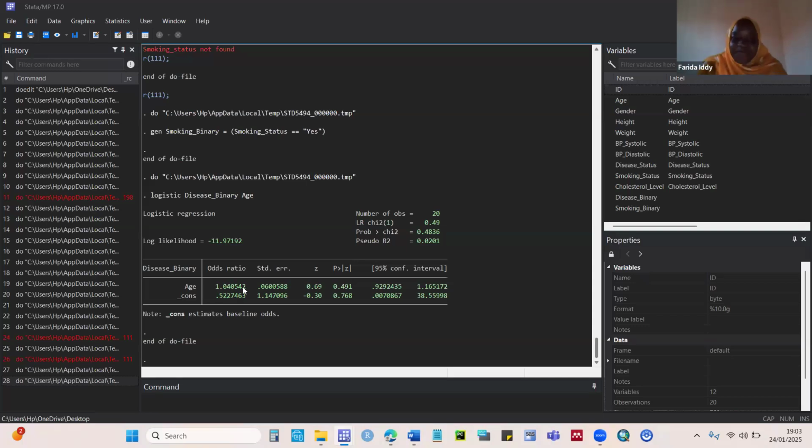That means as age increases, the odds of having the disease increase by 4%, because if we multiply by 100, it is 4. Since age is represented in years, a 1 year increase results in an increase in the odds of having the disease by 4%.